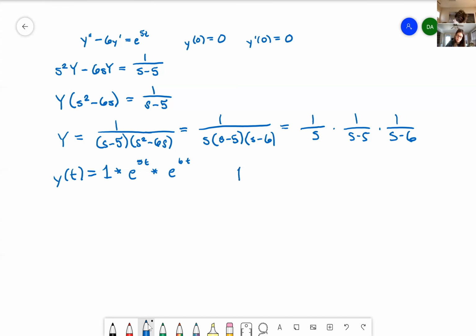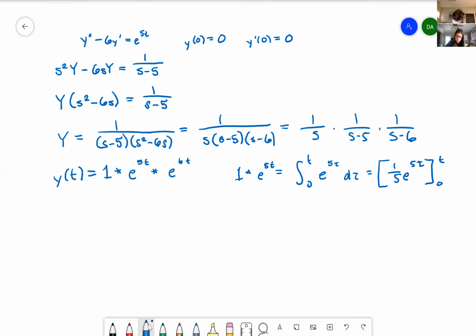We have 1 convolved with e to the 5t is the integral from 0 to t of 1 evaluated at t minus tau, so that's 1, times e to the 5 tau, d tau. And so this works out just like before. This is 1/5 e to the 5 tau evaluated at 0 and t.